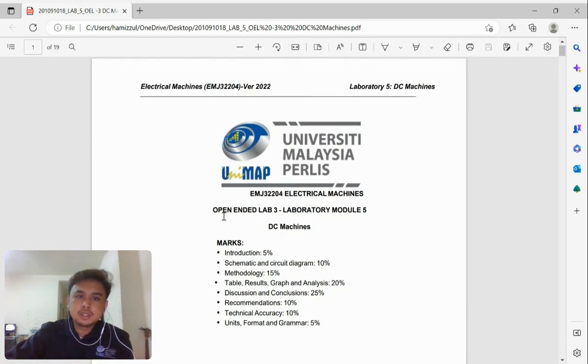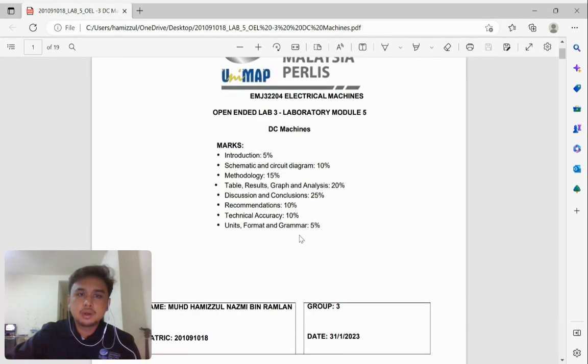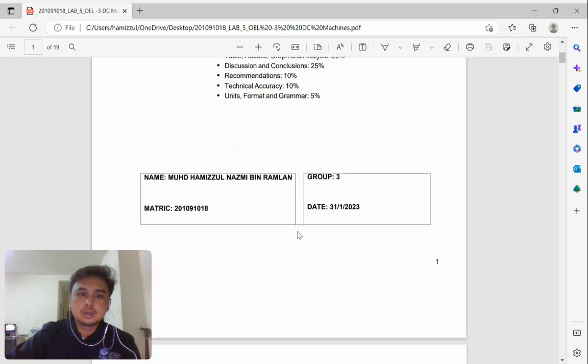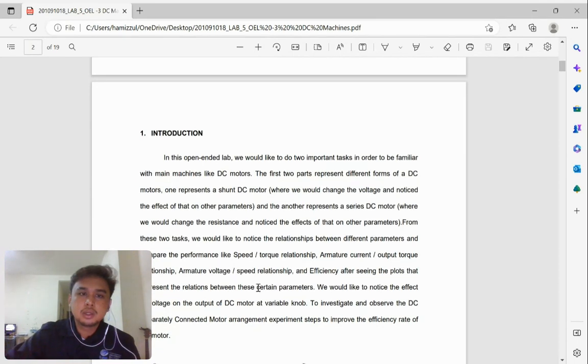For this open-ended lab 3, I'm going to briefly explain the lab. For the introduction, in this OEL, or open-ended lab, we do two important tasks in order to become familiar with machines like the DC motor.